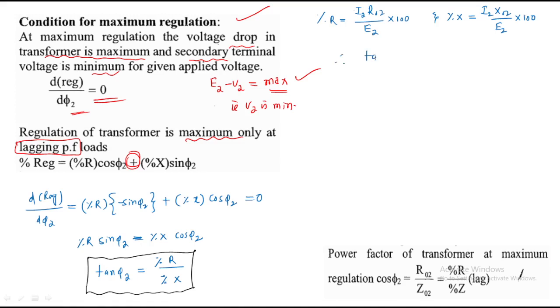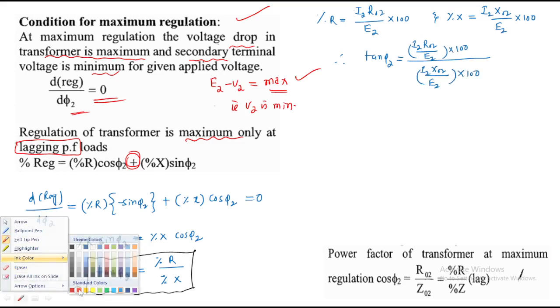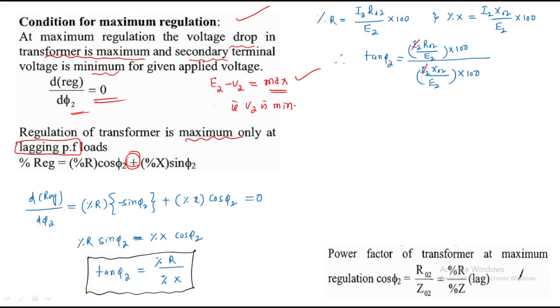Therefore, tan phi 2 equals I2 R02 by E2 into 100 divided by I2 X02 by E2 into 100. So from this, I2 and E2 get cancelled.